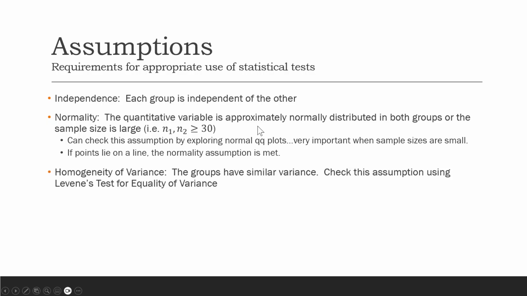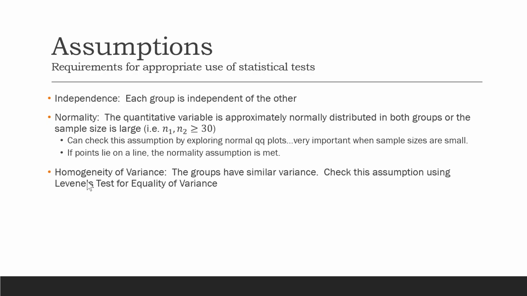Another important assumption that we need satisfied is the homogeneity of variance. I like to think of homo as same, right? That's the prefix that represents same. So basically, what this assumption requires is that both groups have population variances that are equal, right?